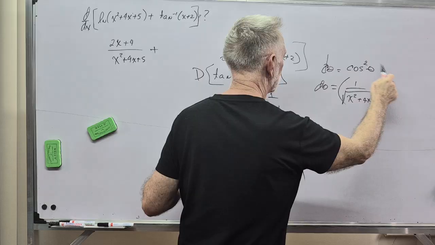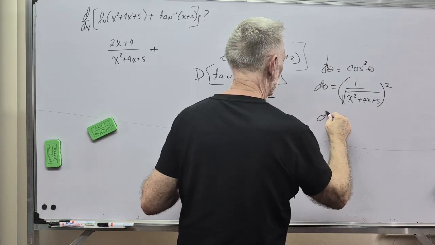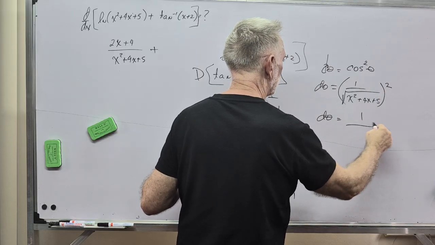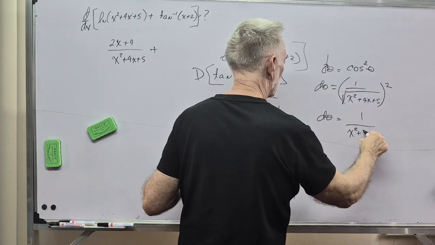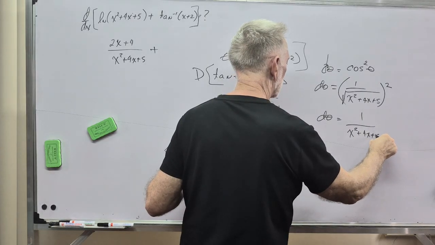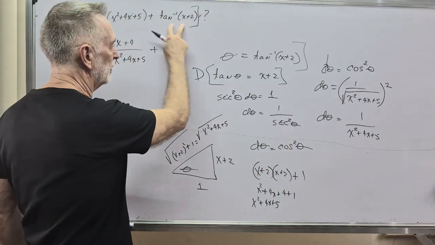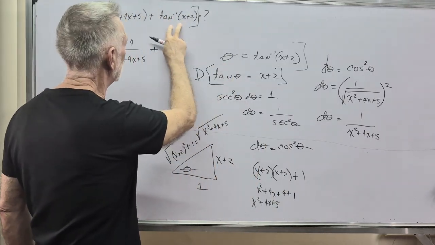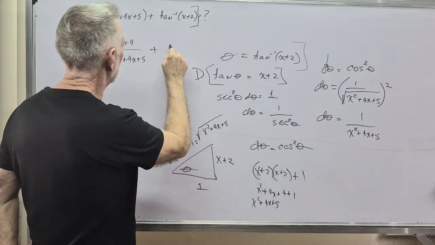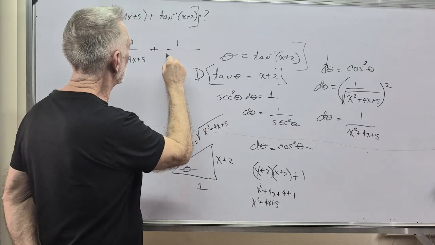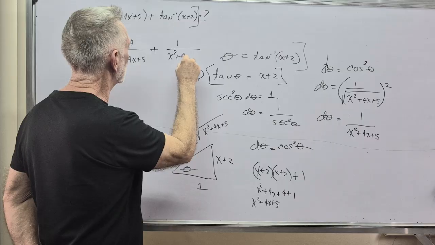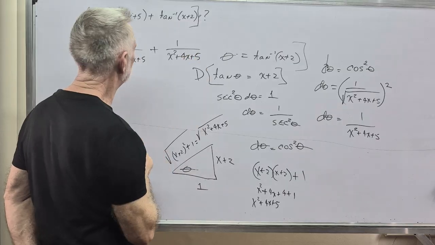That's cosine, but it's squared. So the radical is going to drop away. All right, so that's d theta. So that's the derivative of tangent inverse of x plus 2: it is 1 over x squared plus 4x plus 5.